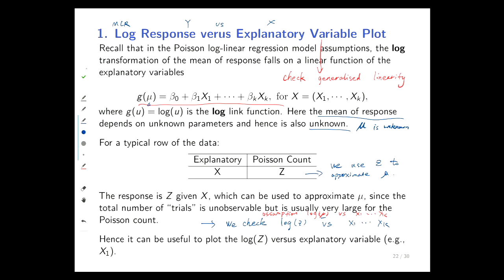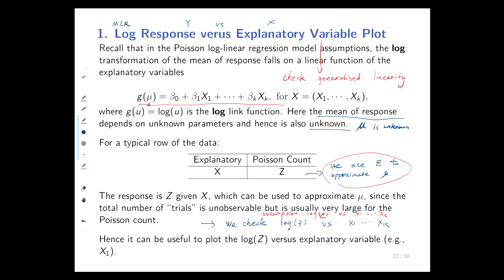So this is the idea, but in order to understand why we can use z to approximate mu, I do not think that's easy. So I will give you one explanation, but it's a little bit beyond the scope of this course. Remember, what's a Poisson count? Poisson count here is actually a very special case of binomial count.